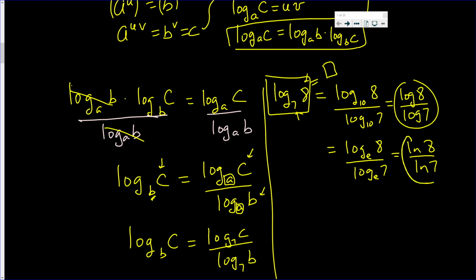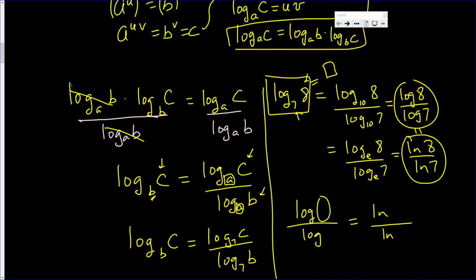But I'm claiming that we have two answers. These two answers are equal. Log 8 over log 7 is ln of 8 over ln of 7. In fact, log over log is equal to ln over ln.